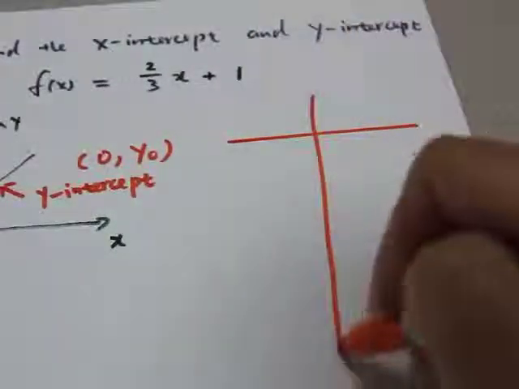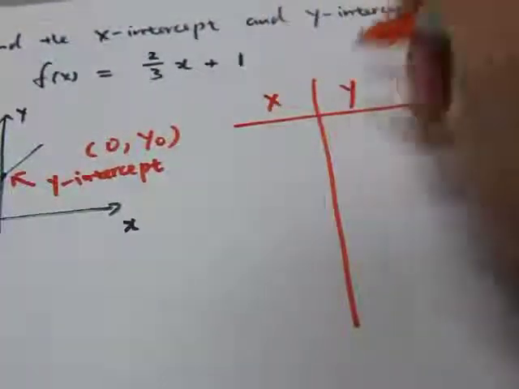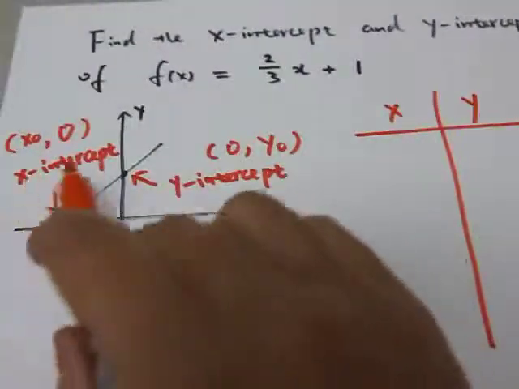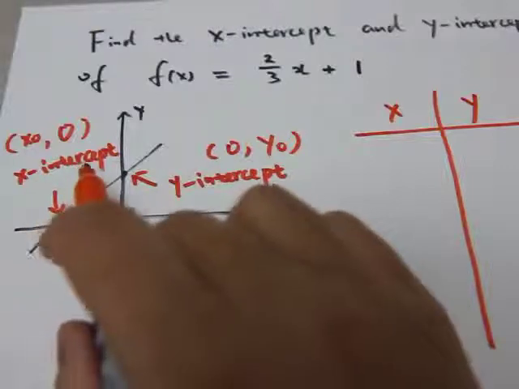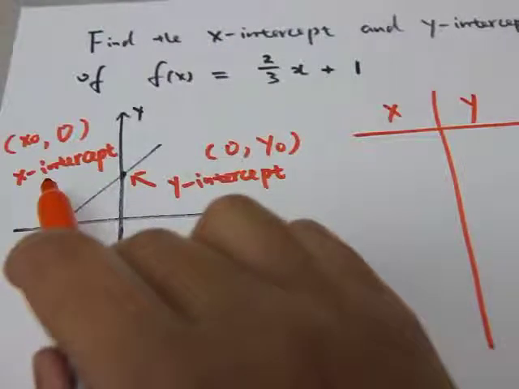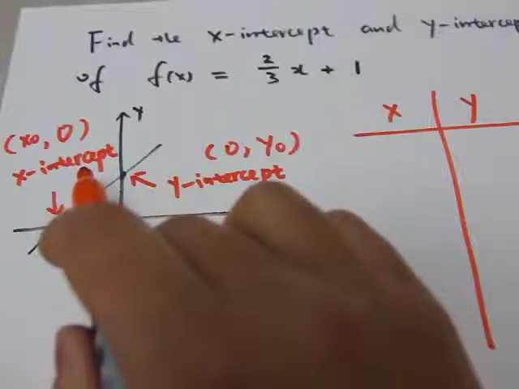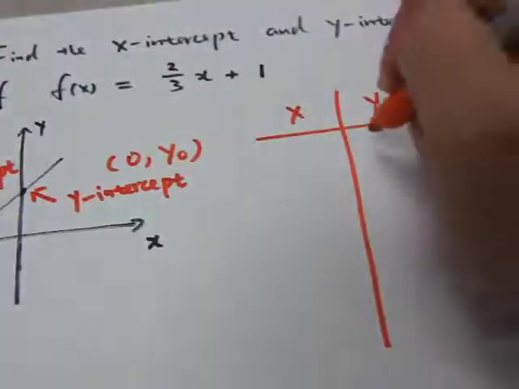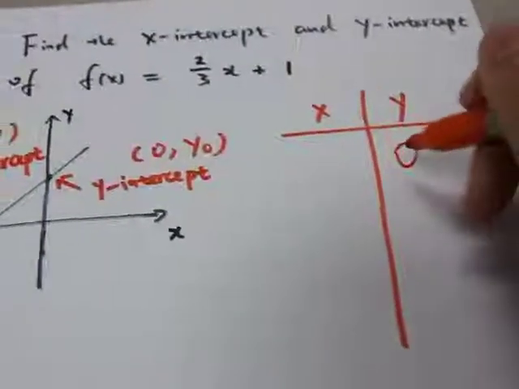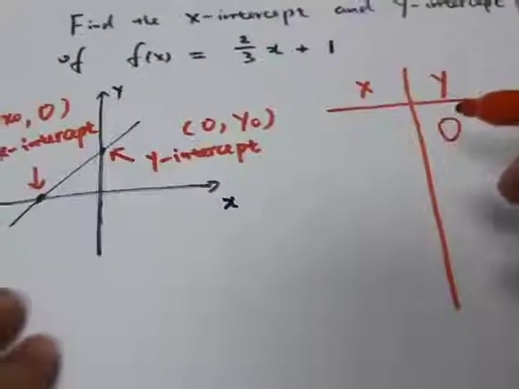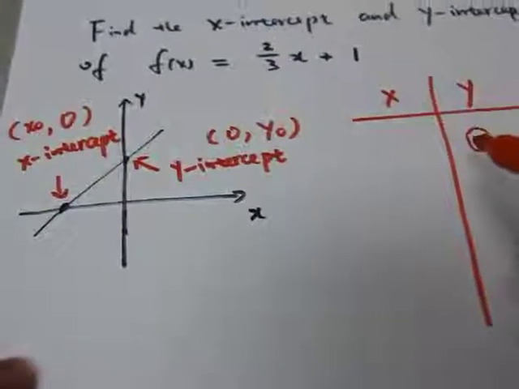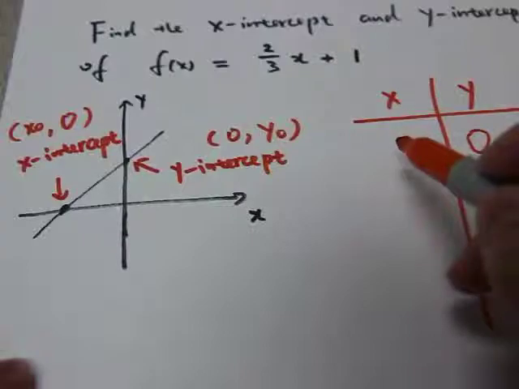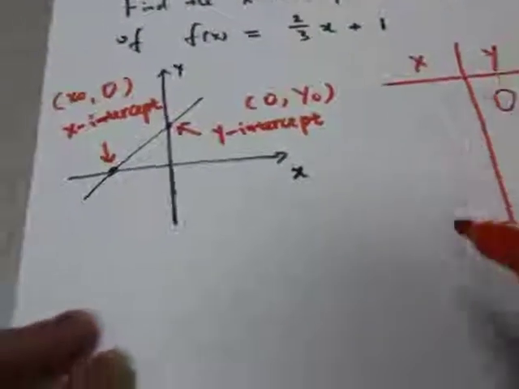So first, we set up this table. If we start by finding the x-intercept, because we know for the x-intercept its y value is always 0, we can go ahead and put 0 over here, and then we need to find the corresponding x value.